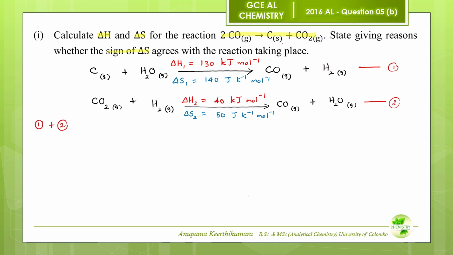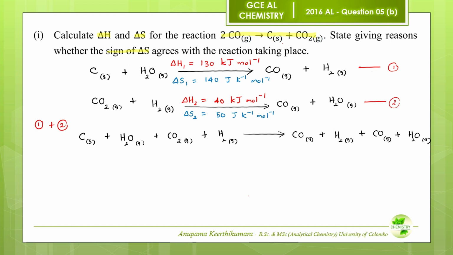Then we can write carbon solid plus H2O gas. Then from the second equation, CO2 gas, then H2 gas. Then we will move to the products. From equation 1, we can write carbon monoxide gas, H2 gas, and from the equation 2, again carbon monoxide gas and H2O gas.